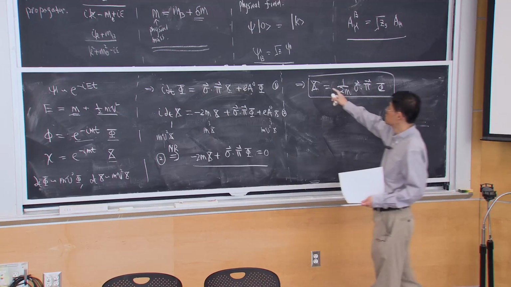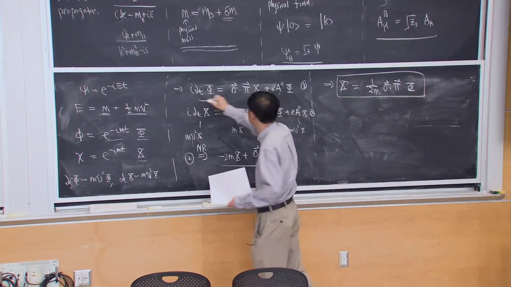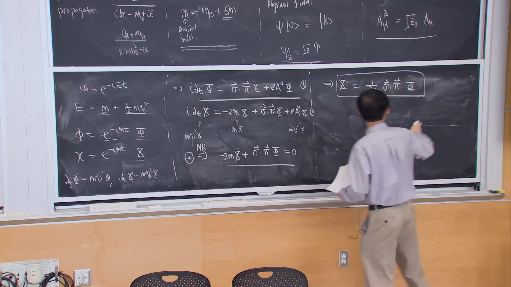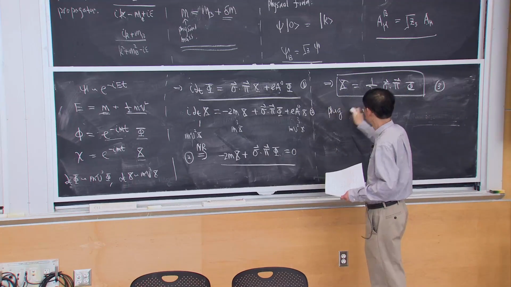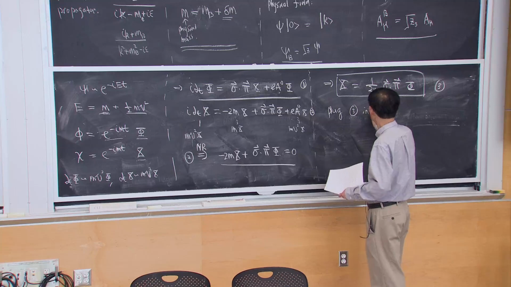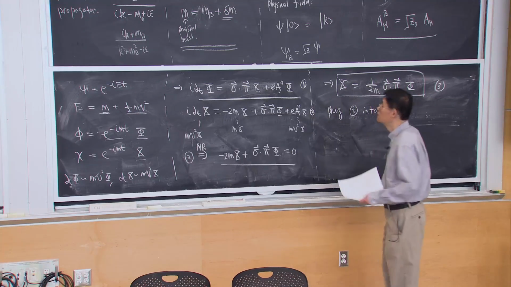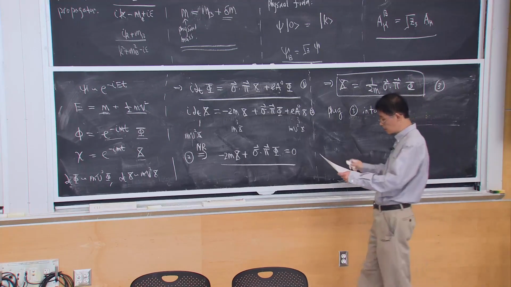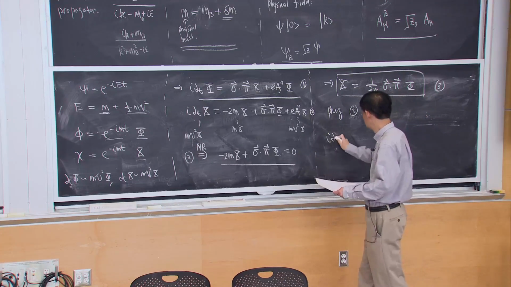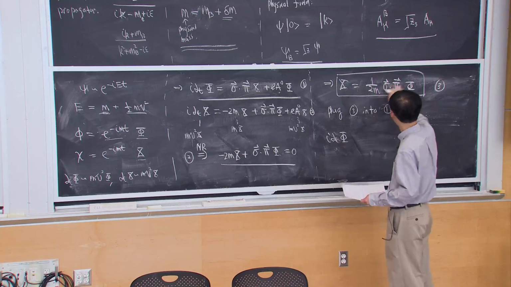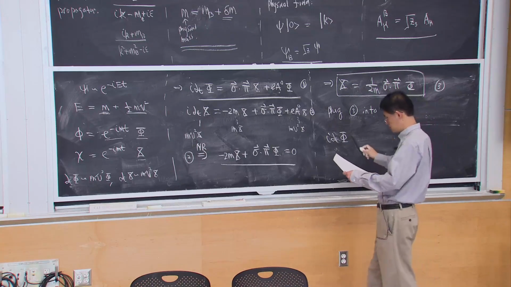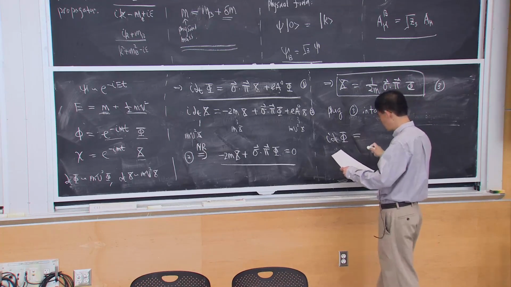This is equation 3. Now we plug 3 into 1 again, and then we get a Schrodinger equation for phi. So x is no longer an independent field. It's just expressed in terms of phi. Now we get the equation for phi.